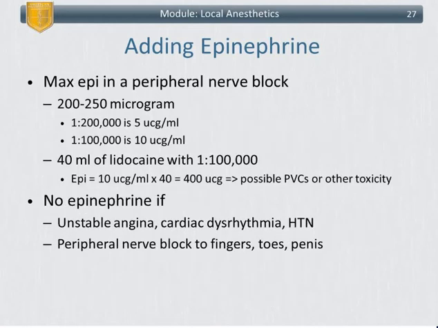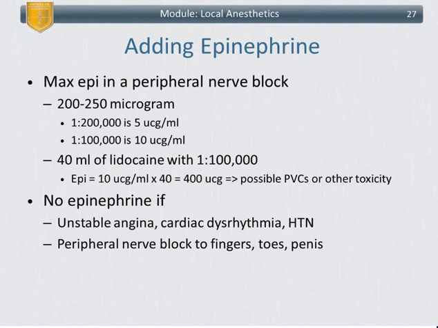So how much epi can you put into a peripheral block? Generally 200 to 250 micrograms. So you've got to get a little bit comfortable reading the doses on the vial. When it says 1 to 200,000, that's 5 micrograms per cc. If it says 1 to 100,000, that's more concentrated, and that would be 10 micrograms per cc.